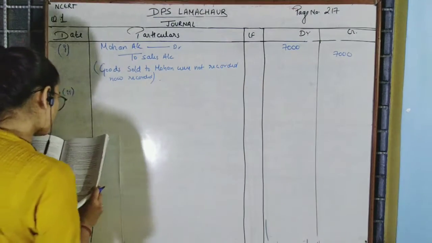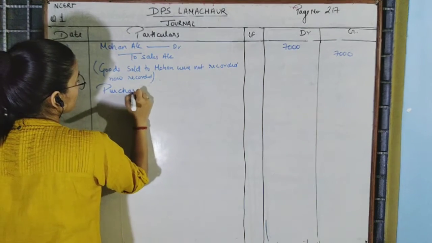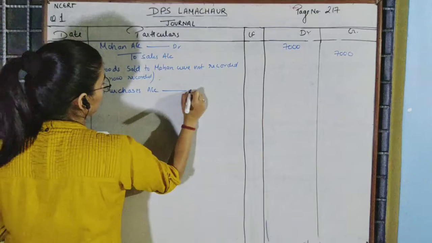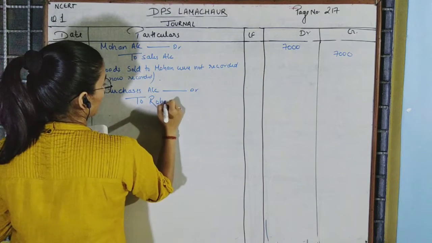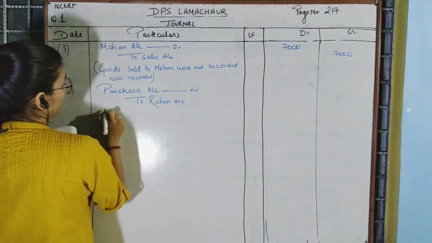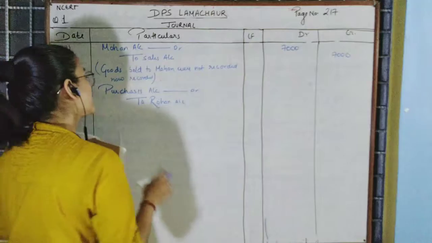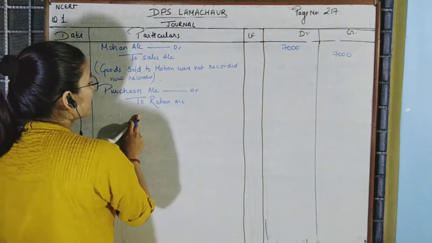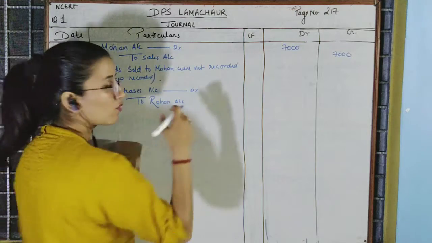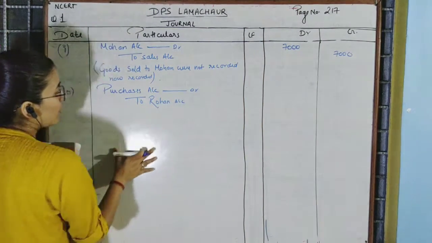So journal entry for this transaction will be purchases account debit to Rohan account. Now purchases is treated as expense, that is why we will debit expense according to the rule of nominal account. And we have purchased the goods from Rohan, that means Rohan is the giver of the goods, so that is why we will credit Rohan's account.